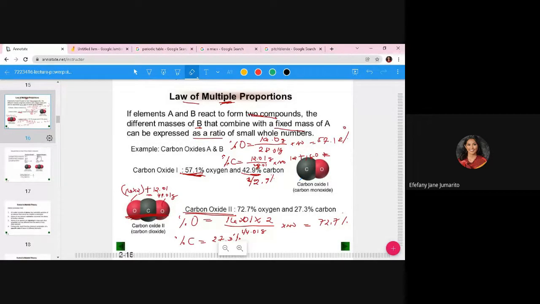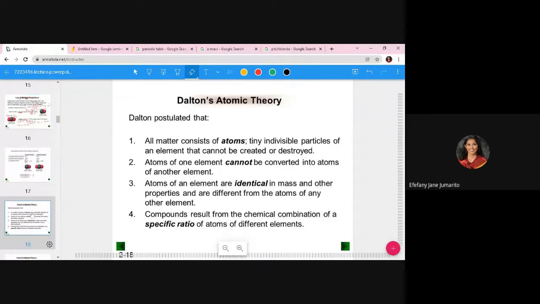Alright, so we have Dalton's atomic theory. You should be familiar with this topic already. All matter consists of atoms. Atoms are tiny indivisible particles, so they cannot be divided anymore because they are so small, and they cannot be created nor destroyed.